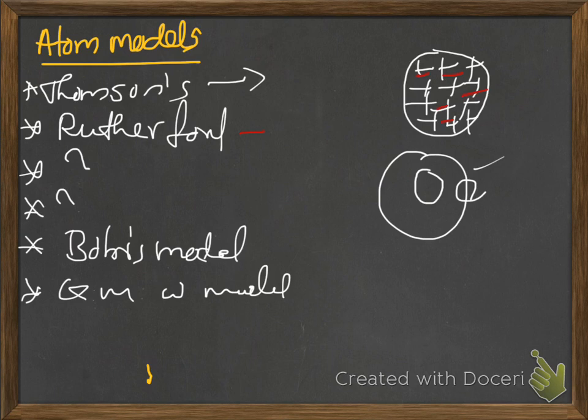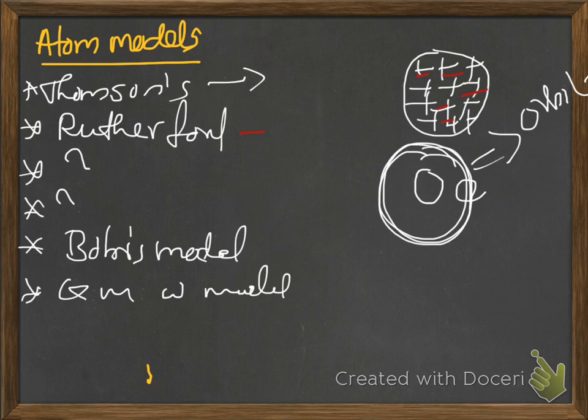Circular path. You have to understand the second postulate very clearly, because this postulate is further developed by Bohr in his time. The second one is that negatively charged electrons are revolving around the nucleus through circular paths, and these circular paths are called orbits, not orbitals, orbits.